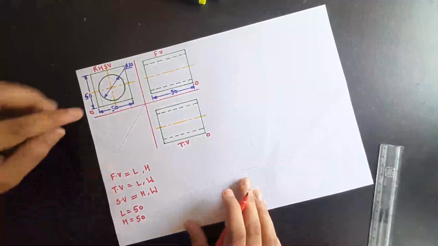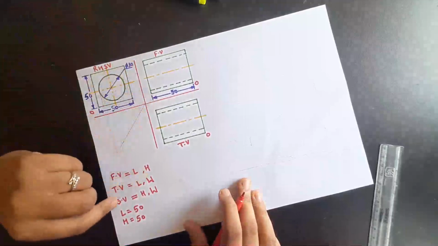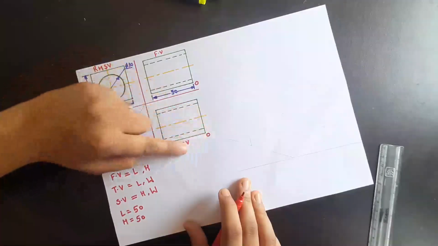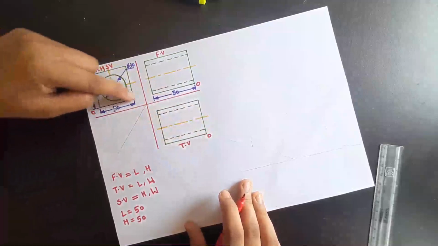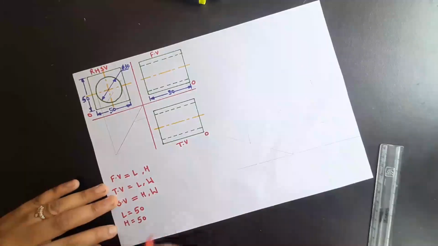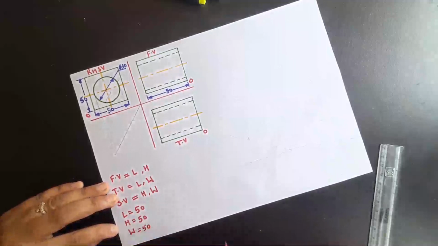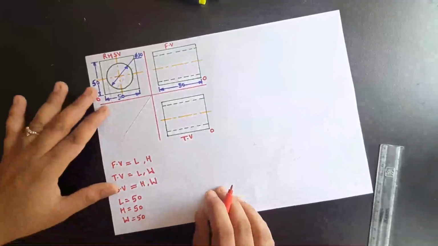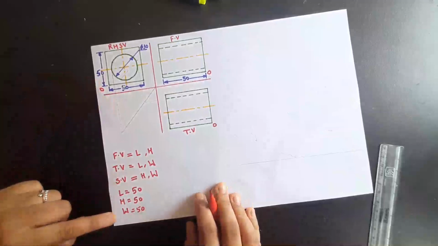Similarly, width is visible in the top view as well as the side view. In the top view no dimension is given, but in the side view you can see the remaining, or third, dimension given as 50 mm. So the width is 50 mm. Now we have found the maximum dimensions.